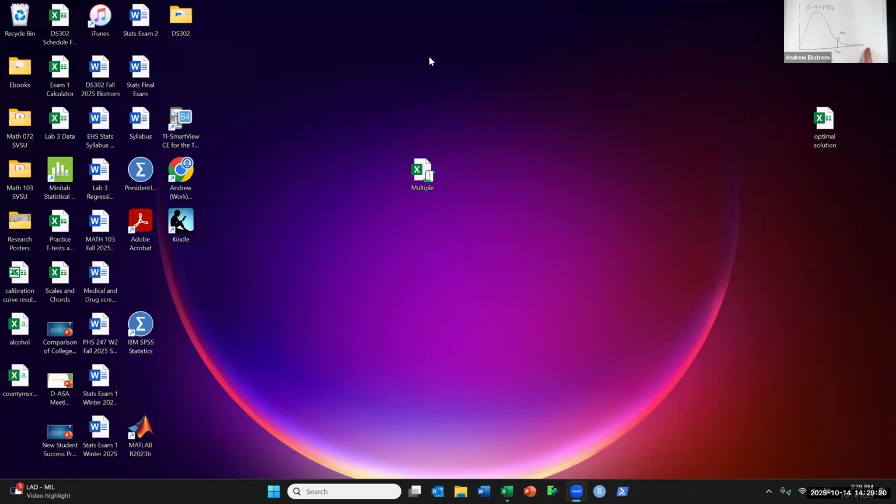We have a value that's 4 and beyond. We reject H naught. We have enough information to show that there does, or there seems to be a difference between groups here. Okay. So what was the f-test value we had?